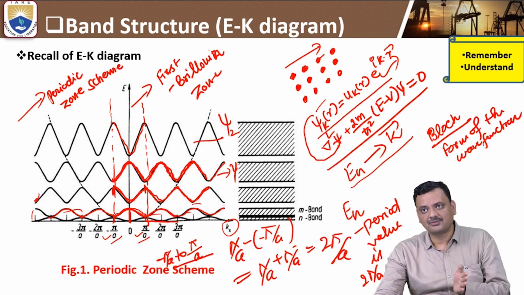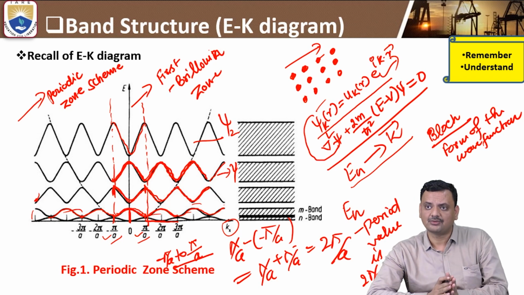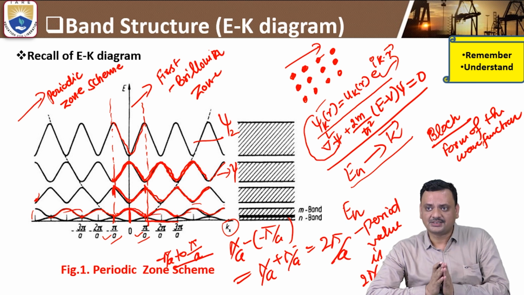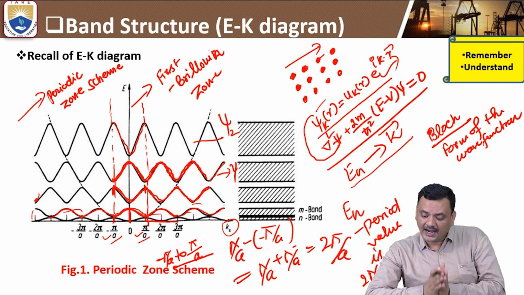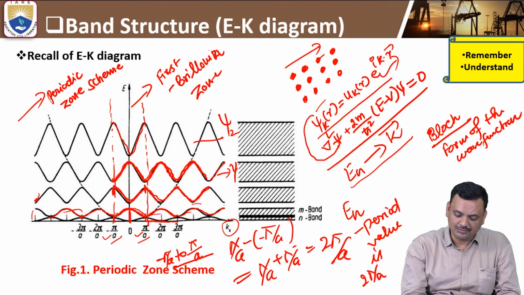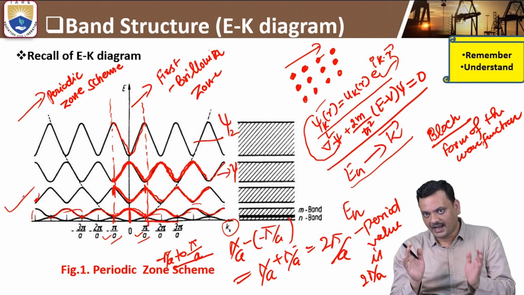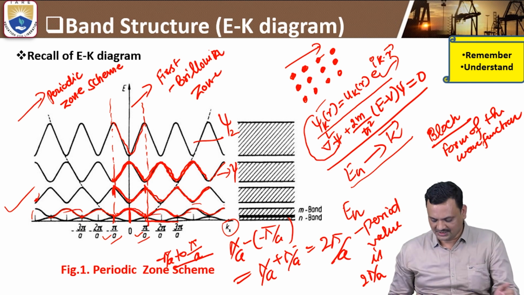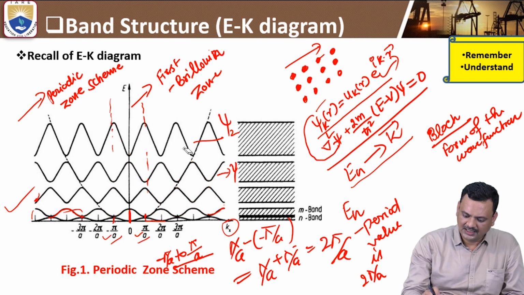And for this considered wave function, you solve the Schrodinger equation, and after solving the Schrodinger equation, what will you get? You will find that the allowed energy states have periodicity in k, and that allowed energy state is shown here in this plot, and that plot is known as a periodic zone scheme.